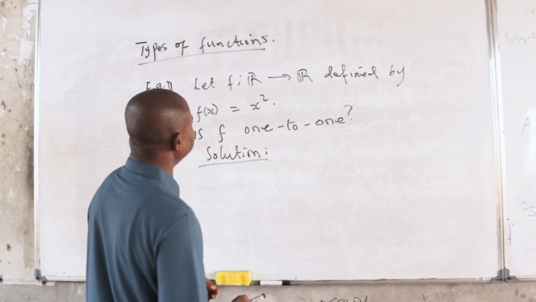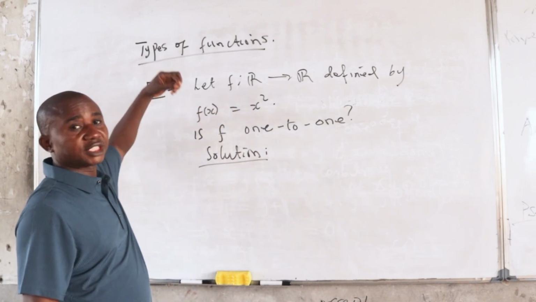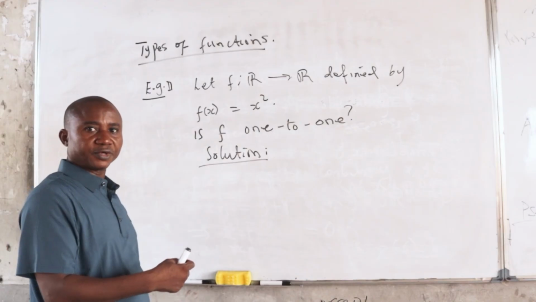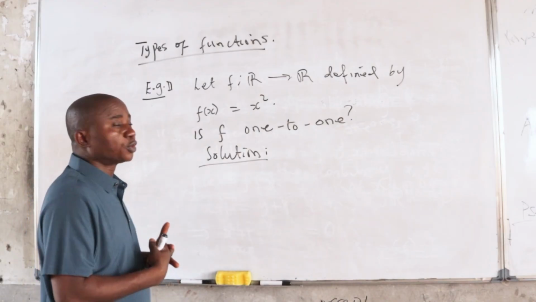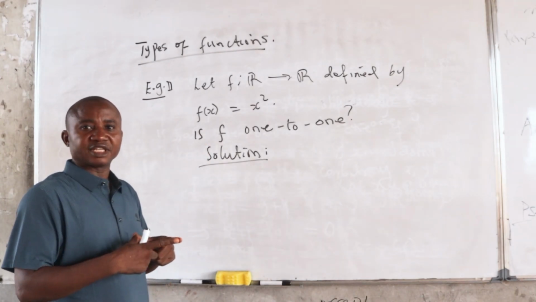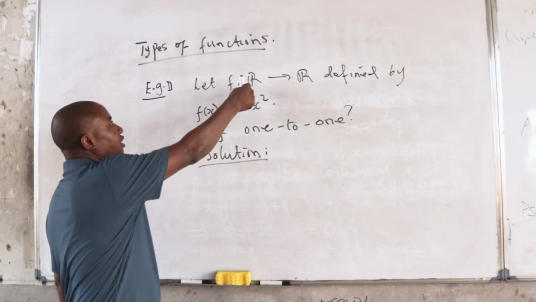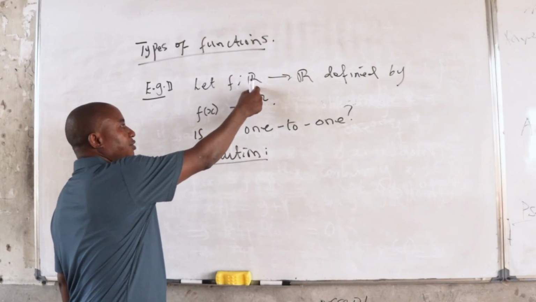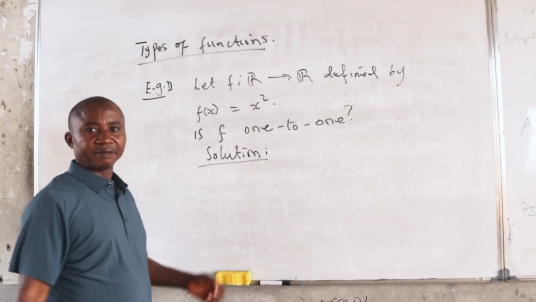To solve this problem, it suffices to check whether this function satisfies the definition of one-to-one function. Or, if it does not satisfy it, can we produce a counterexample? That means, can we produce two specific elements of this set R such that they are different, but their images are the same?